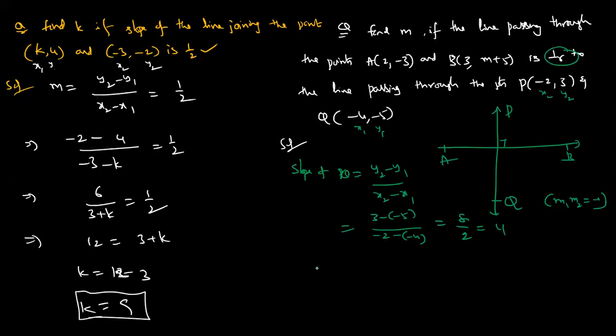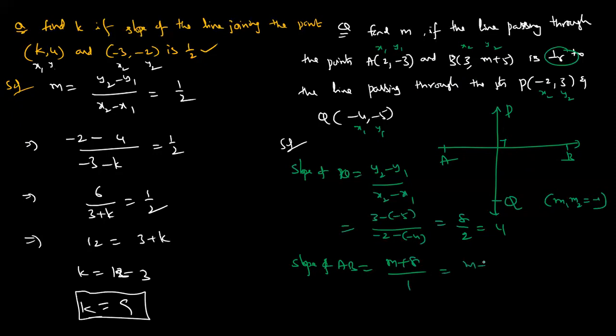Slope of AB is how much? Please find out the slope of AB. Take it any way. What is the result? m plus 8 by 3 minus 2, which is 1.